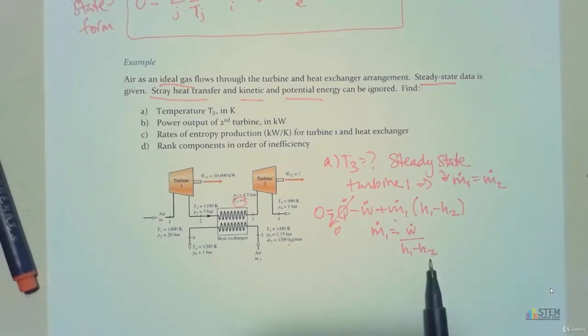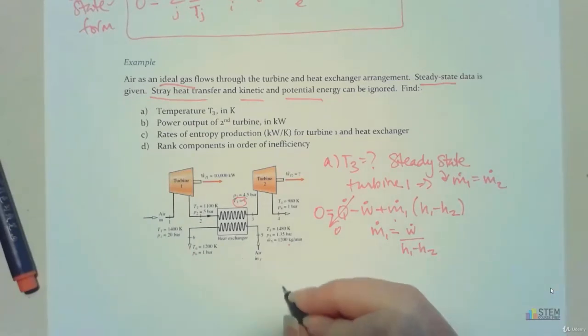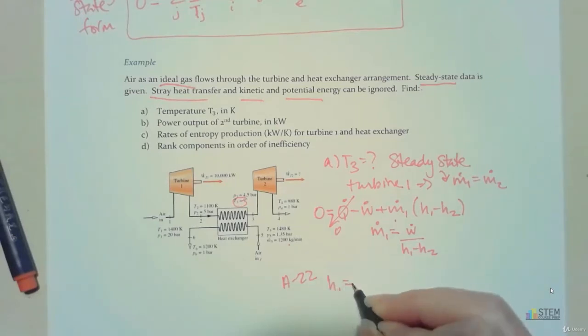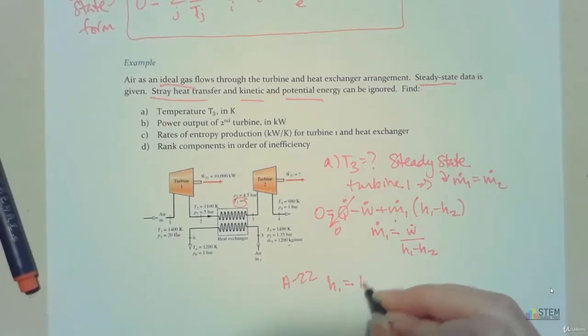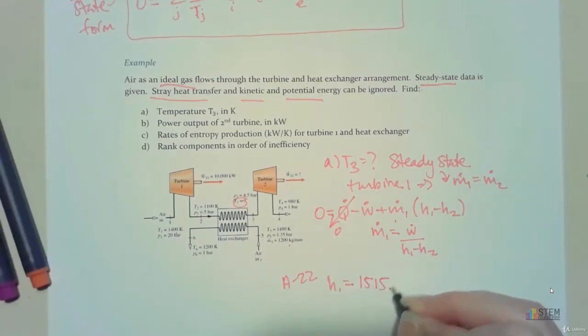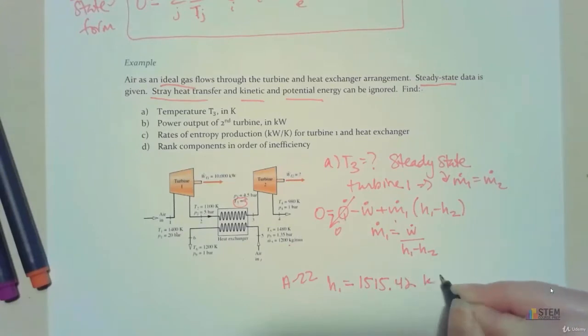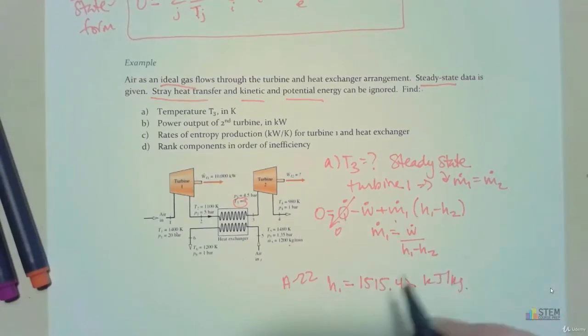H1 and H2, those can be found in the table. We've got an ideal gas, so you're going to look in table A22. And H1, if you look up the temperature 1400, your enthalpy value is going to be 1515.42 kilojoules per kilogram.